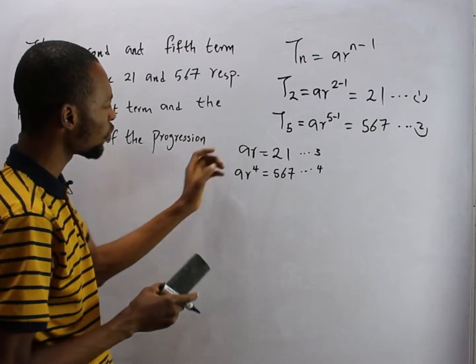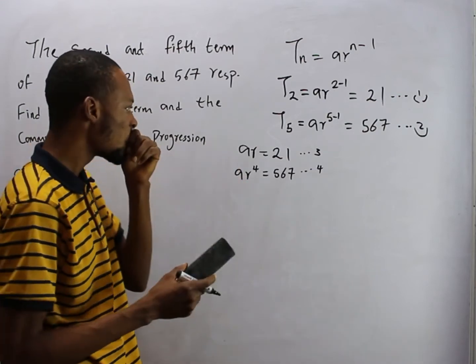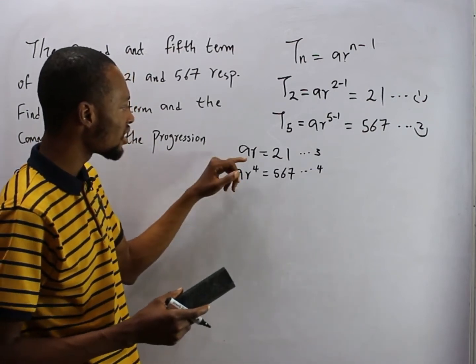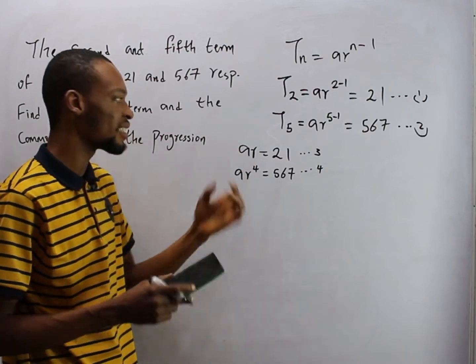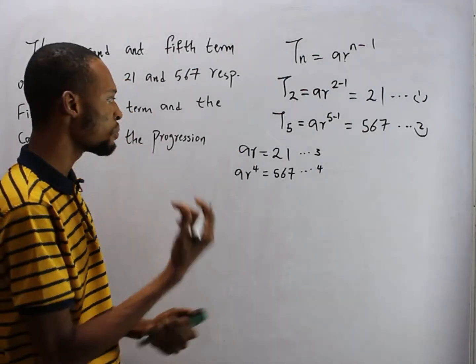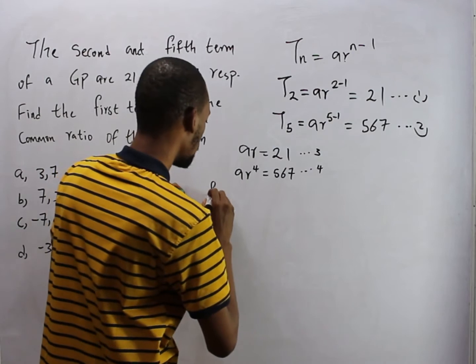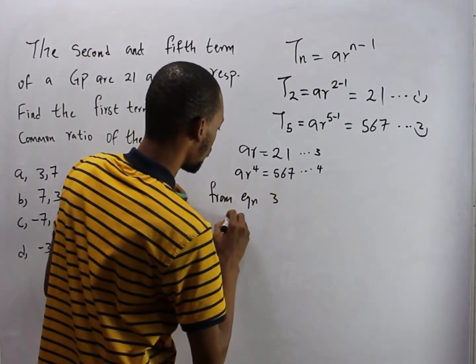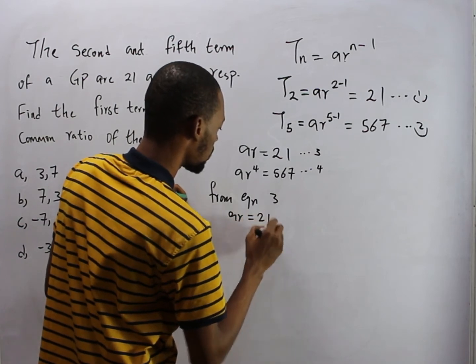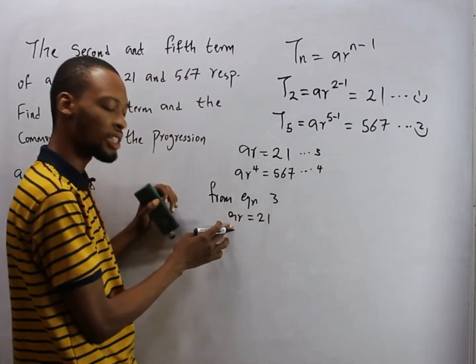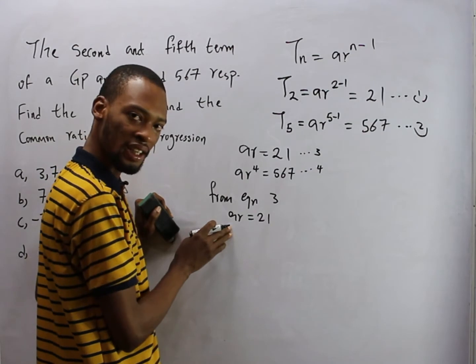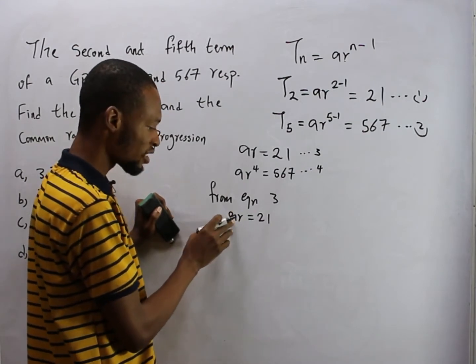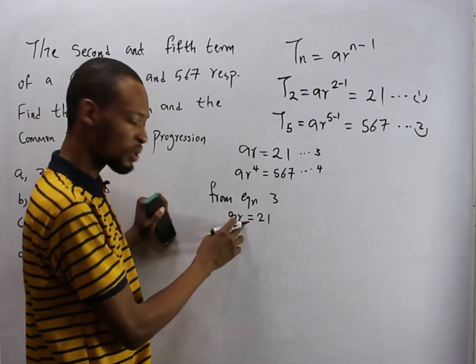Now, if you are solving simultaneous equations, let us make a the subject of the formula. From equation 3, we know that a r equals 21. To make a the subject, we try to remove r because we need only a.